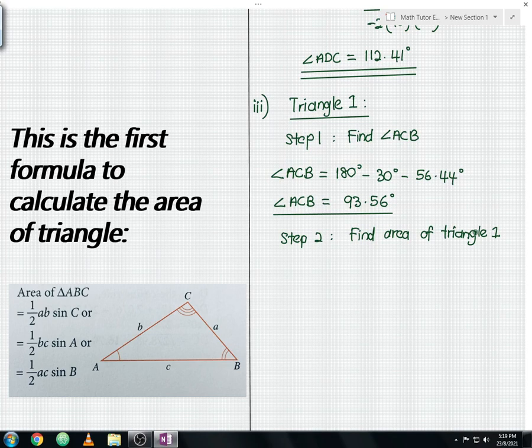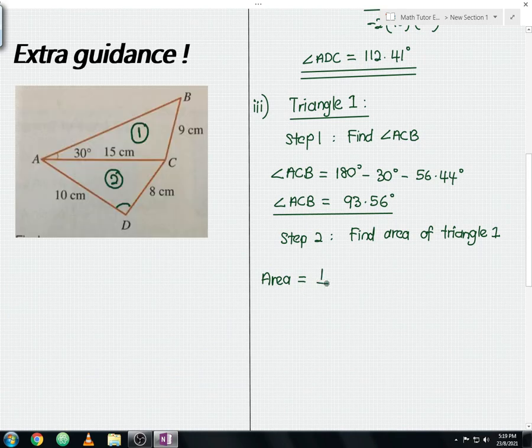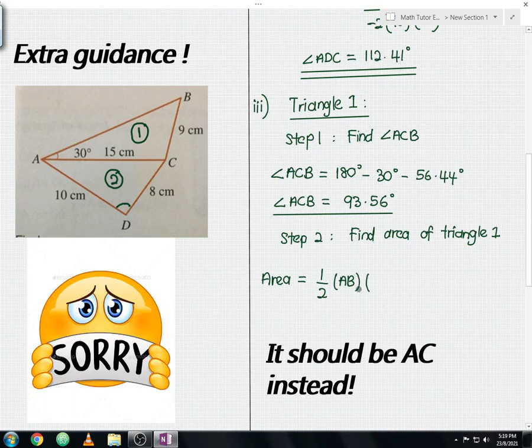From here the area will be equal to half times the length AB, times the length CB, times sine angle ACB. So this is the working, guys.